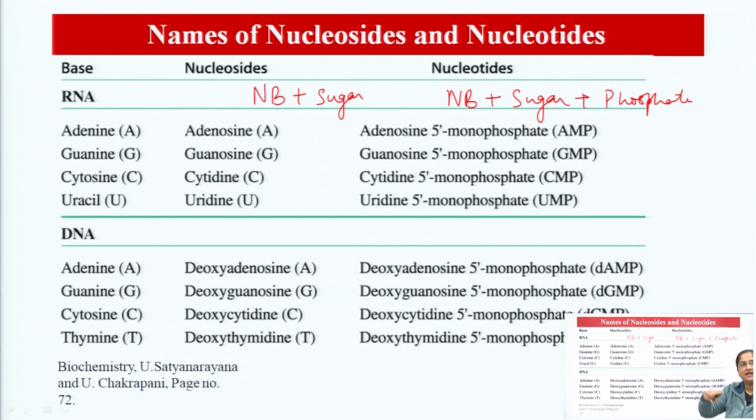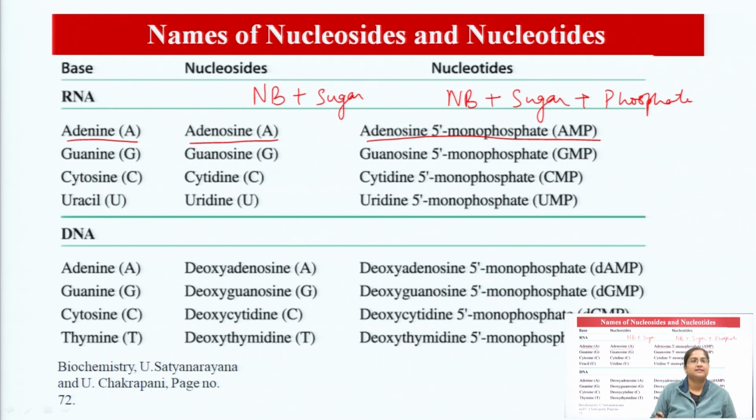For example, for adenine, the nucleoside will be adenosine because there is no phosphate unit, and the nucleotide will be adenosine 5'-monophosphate, or adenosine monophosphate, because there is a presence of a phosphate group.